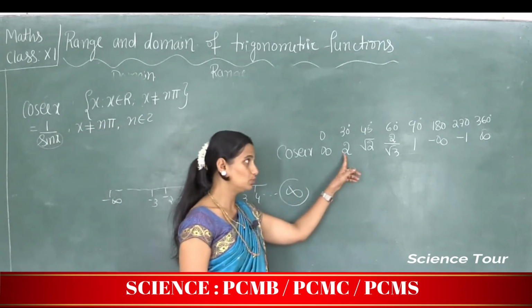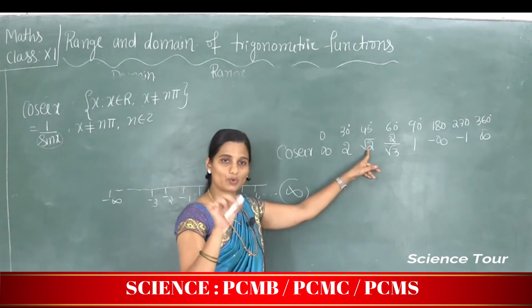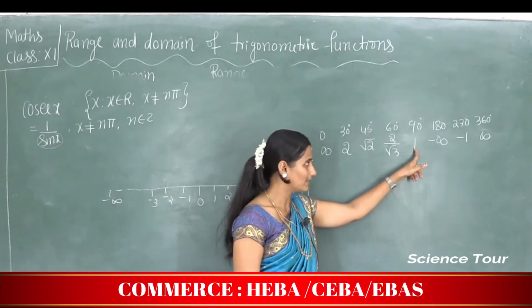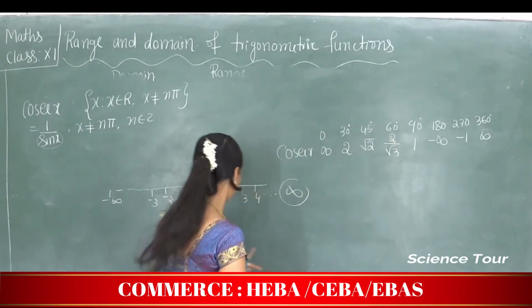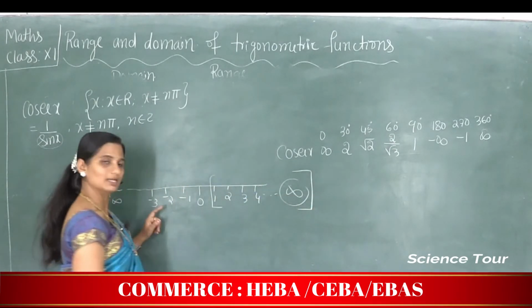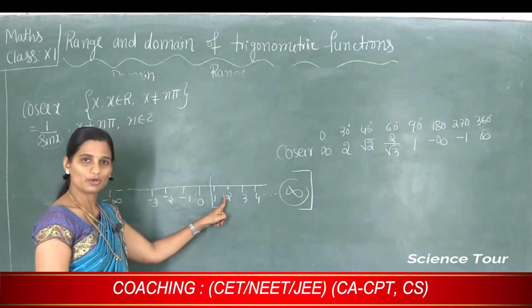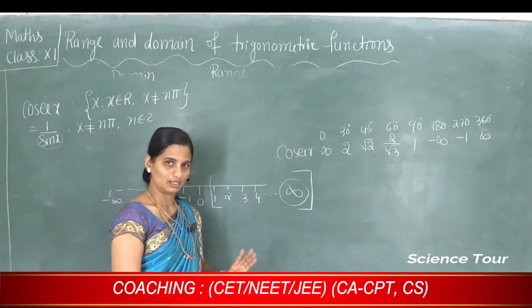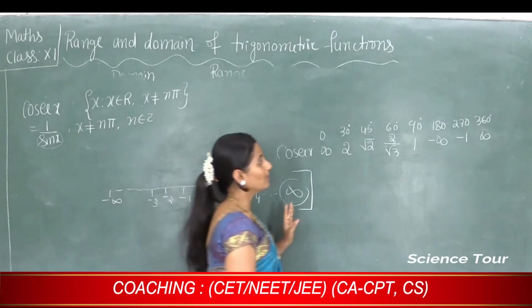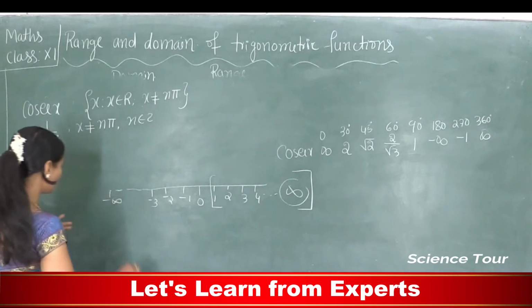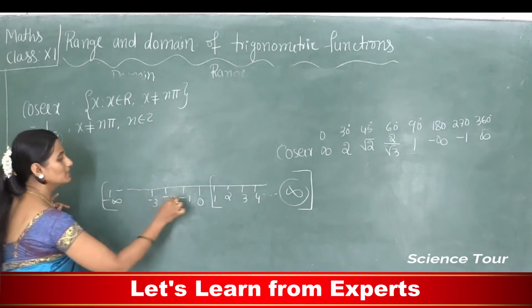There is 2, square root of 2 is 1.42, 2 by root 3 is some value, and it is 1. Correct? It means the numbers are from 1 to infinity. So 1, maybe 1.42, 2 and many other numbers, and infinity. Now minus infinity and minus 1. Minus infinity is this one and minus 1 is this one.